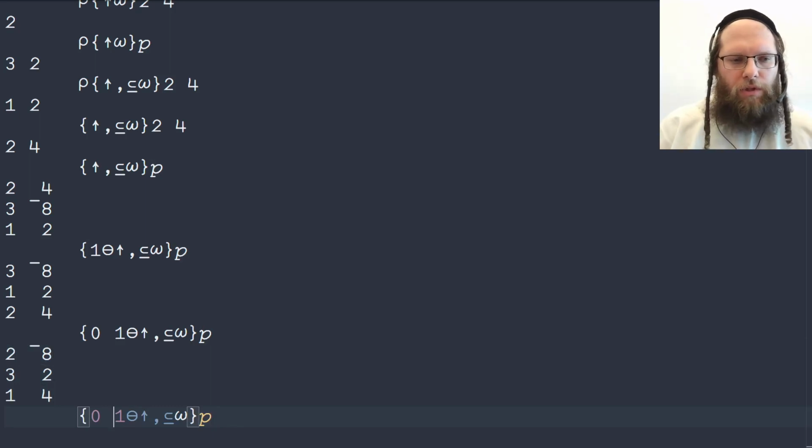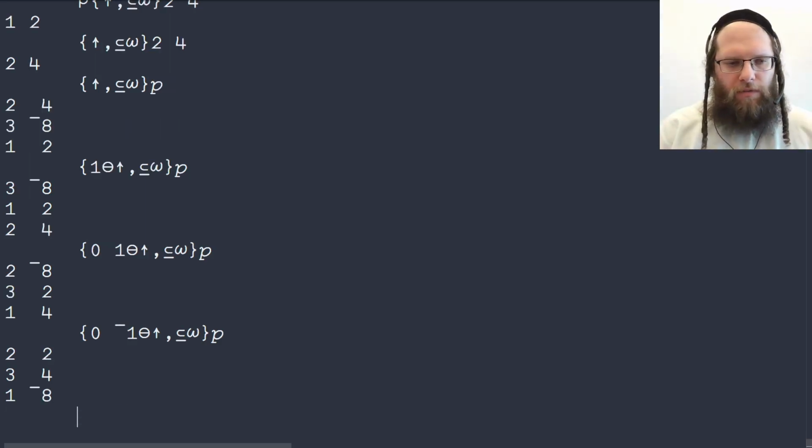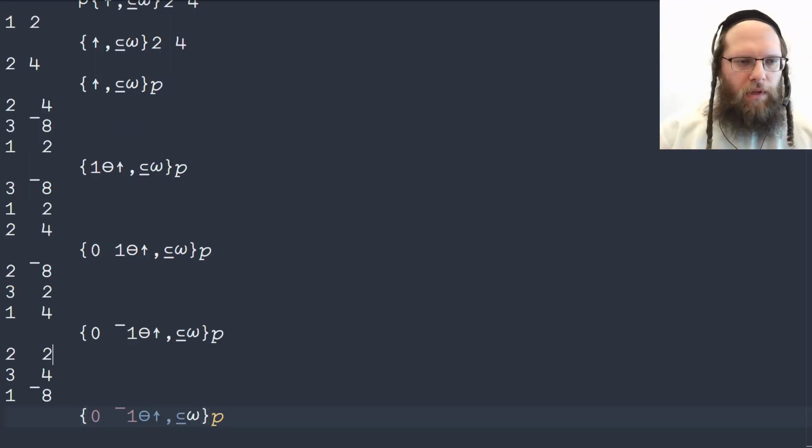We also want the antidiagonals, and we could just do that by rotating the other direction with a negative number. Now we have 2 paired up with 2. If you look at our original array up here, 2 with 2, and we've got 3 with 4, so that's diagonal in the other direction, and so on.